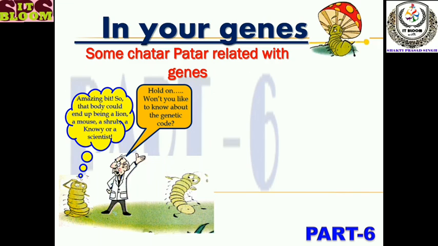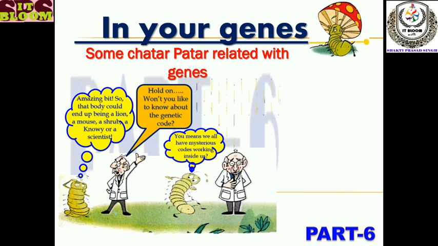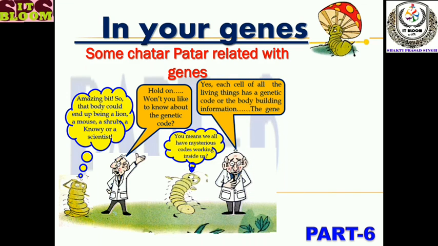Again the caterpillar asks, you mean we all have mysterious codes working inside us? Mysterious codes means genetic codes. Scientists come and say, yes, each cell of all living things has a genetic code or body building information.